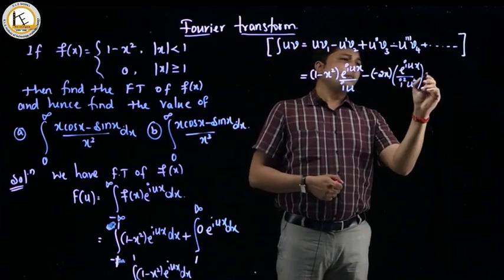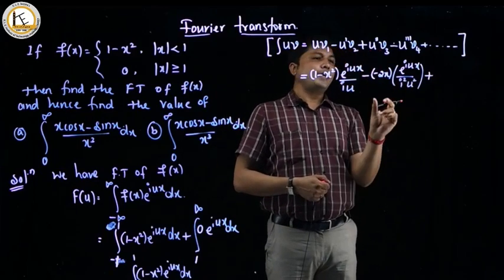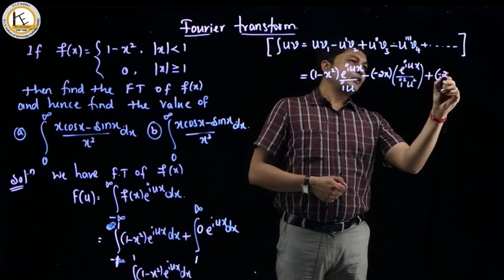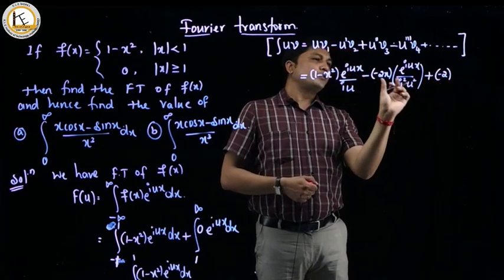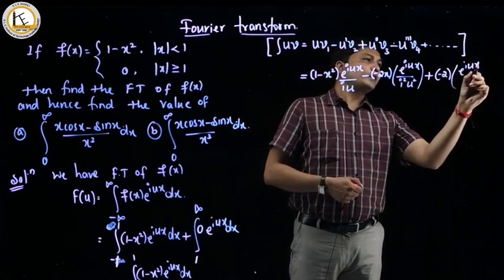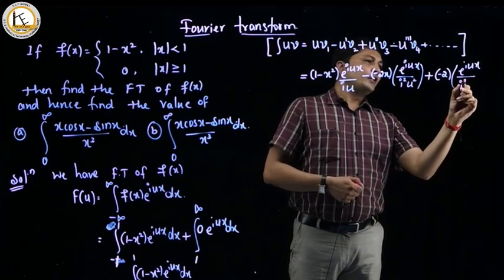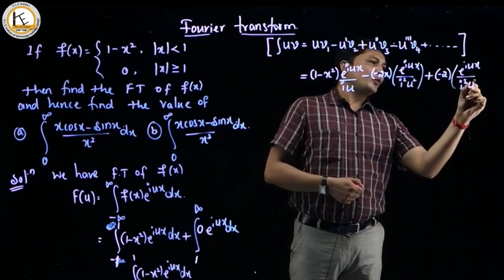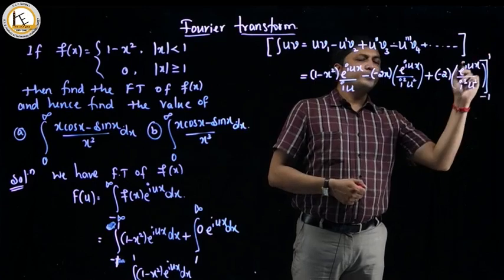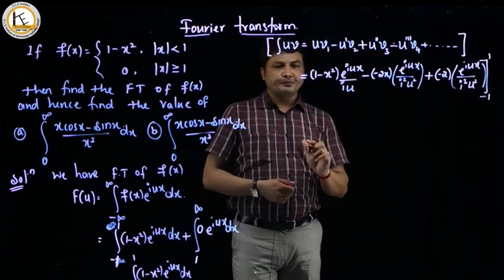Again the third term, plus u double dash, that is derivative of minus 2x, which is minus 2, and integration of this function will be e raised to iux divided by i cube into u cube. Bracket complete, applying the limits minus 1 to plus 1 here.